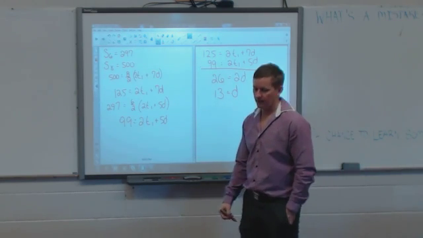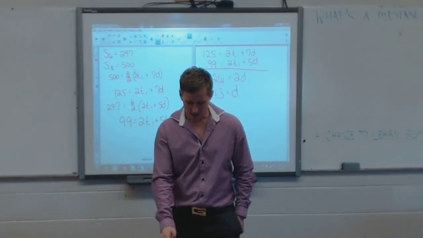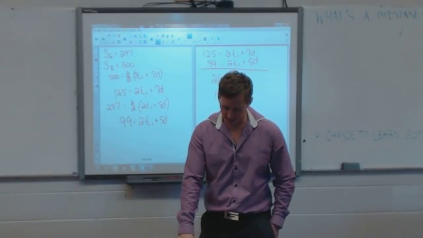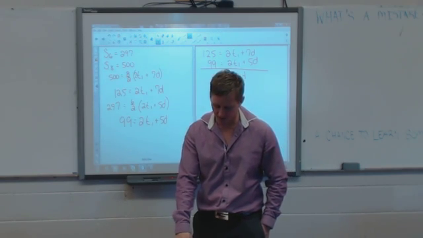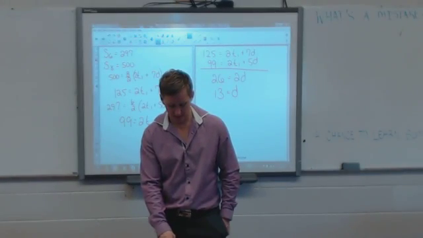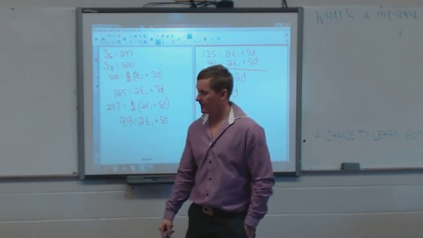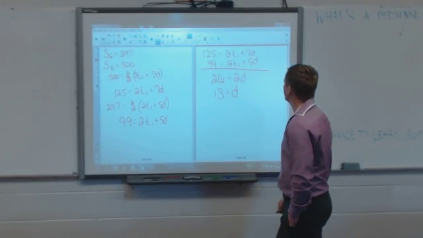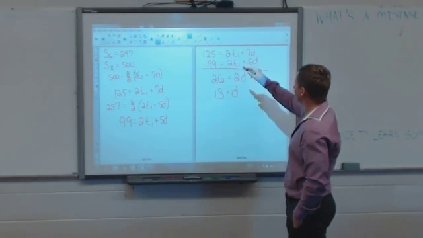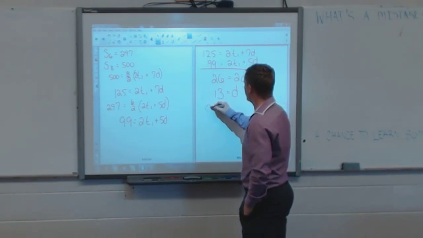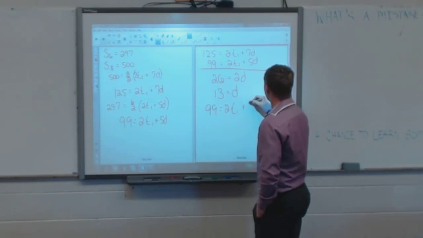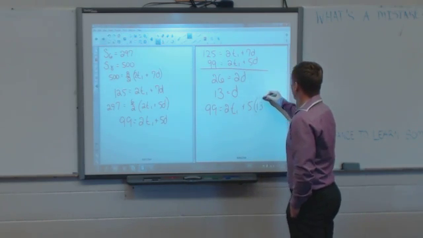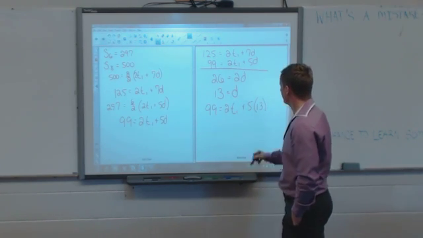Okay? So now I have d equals 13. I still have to calculate what my t1 is. So let's plug that back into this equation here. I'm going to go 99 equals 2 times t1 plus 5 times 13.